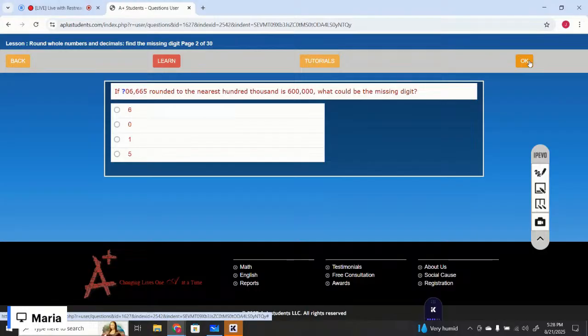The missing number rounded to the nearest 100,000 is 600,000. What could the missing digit be?